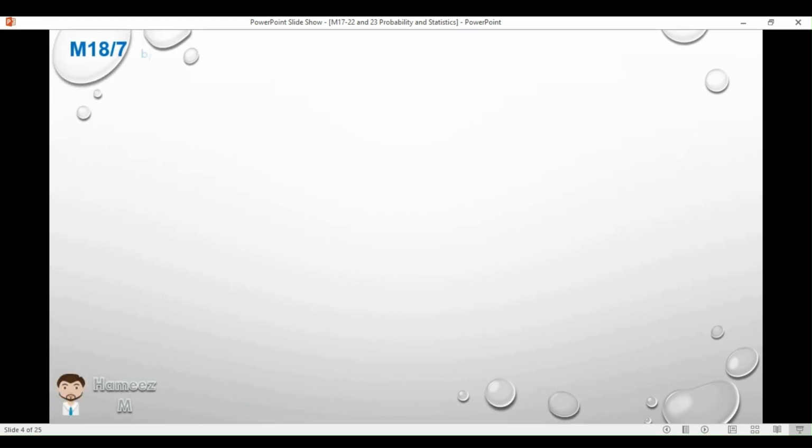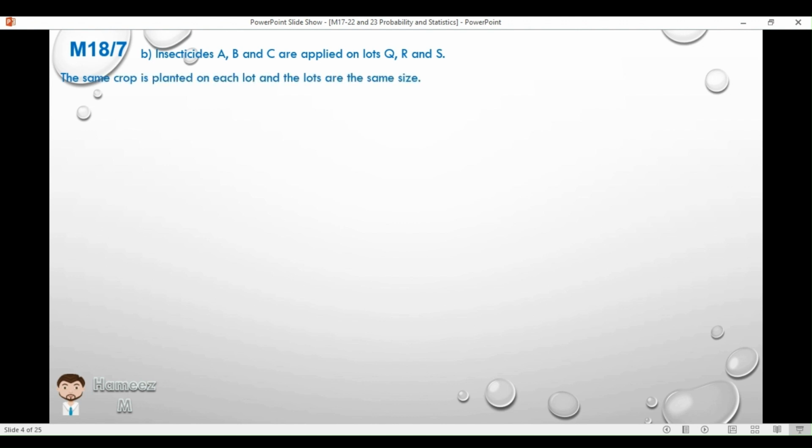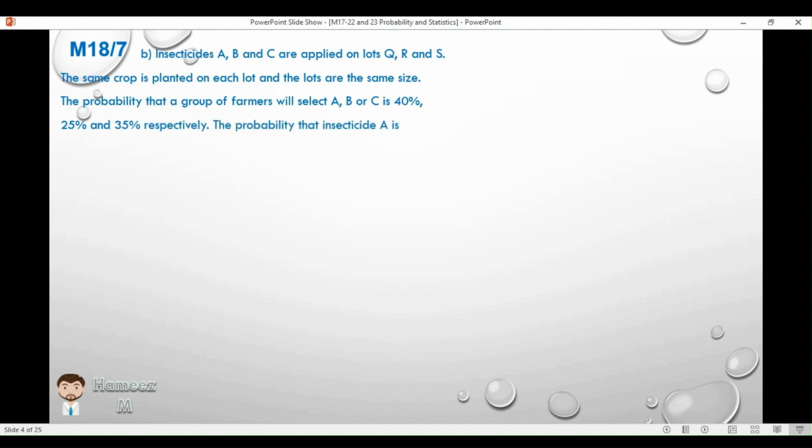May 2018, number 7B. Insecticides A, B, and C are applied on lots Q, R, and S. The same crop is planted on each lot, and the lots are the same size. The probability that a group of farmers will select A, B, or C is 40%, 25%, and 35% respectively.